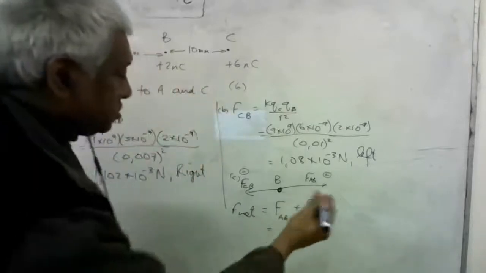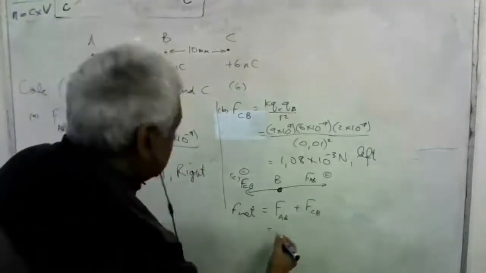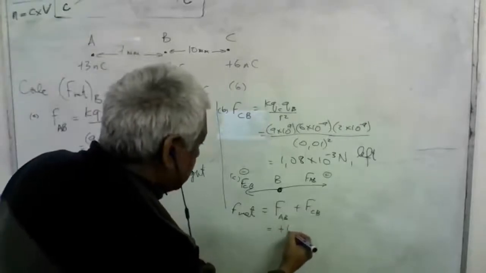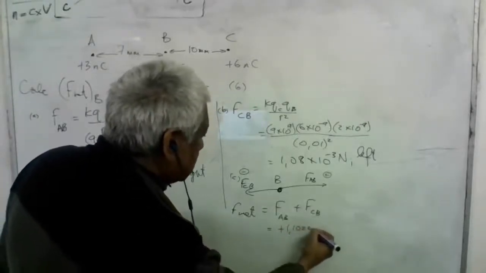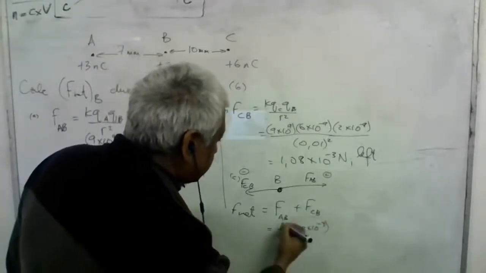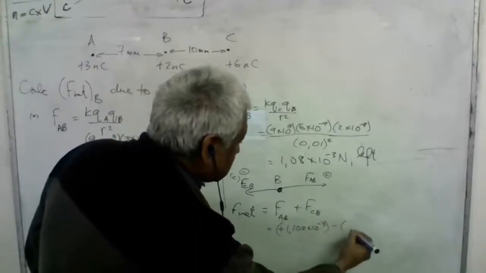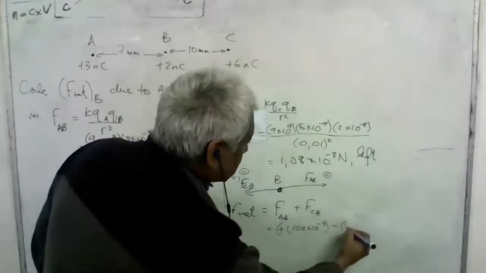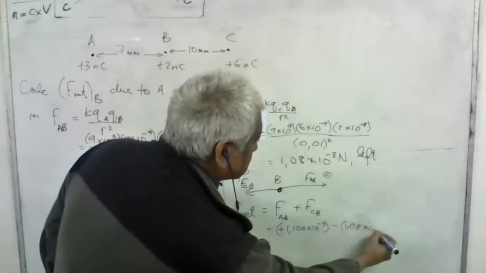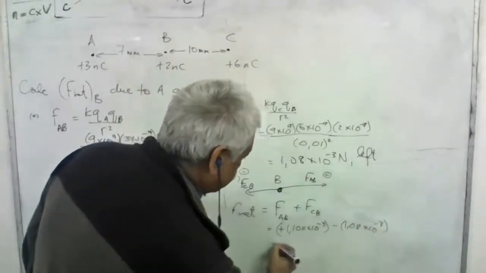And then the substitution step, now you bring in the sign. So that becomes plus 1,102 times 10 to the minus 3 minus 1,08 times 10 to the minus 3.